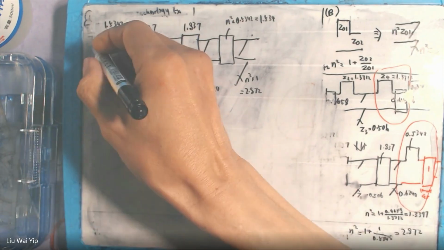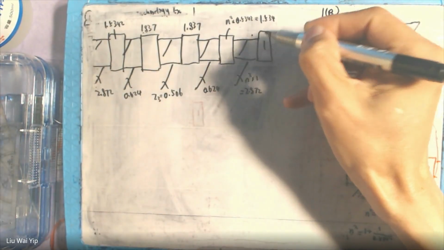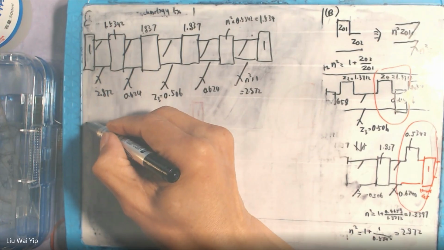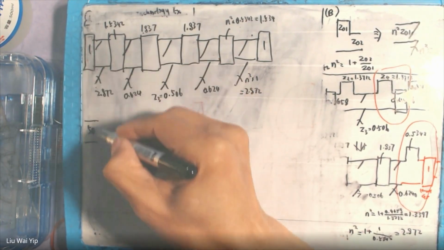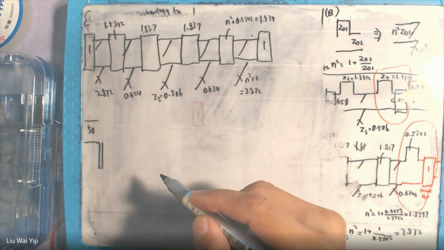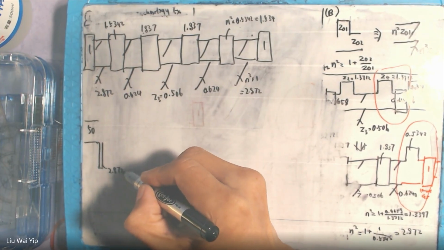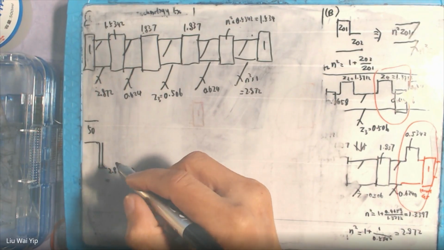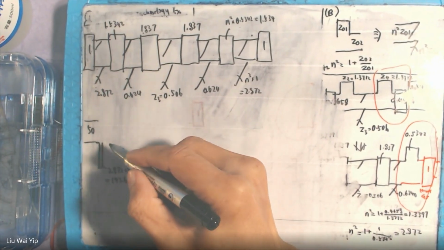So the first segment may be 1 for the transmission line, for the in-output port. So it will be 50, and then there will be an open circuit stop. And this one will be 2.872 times 50, which is 143.2.